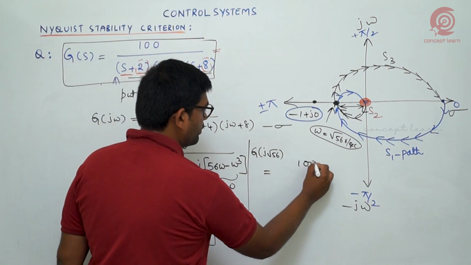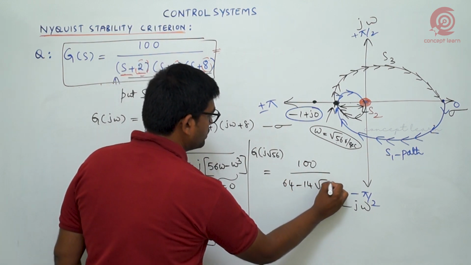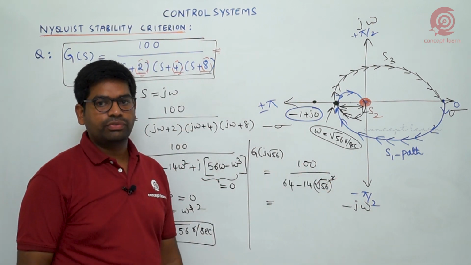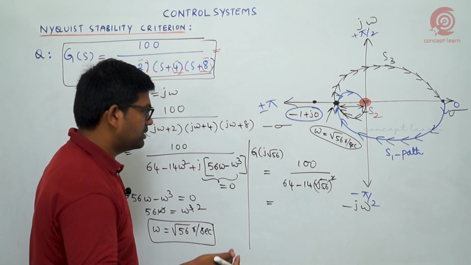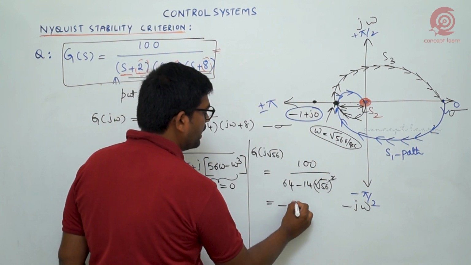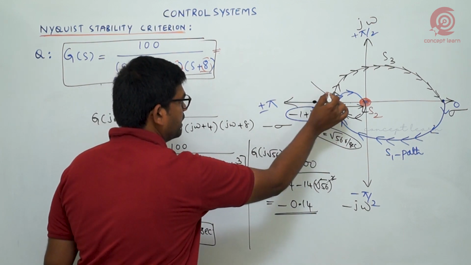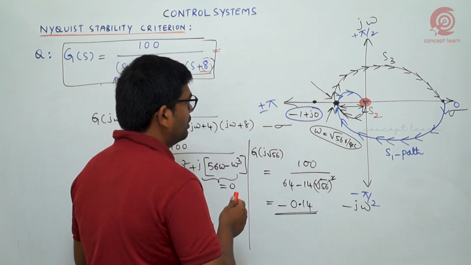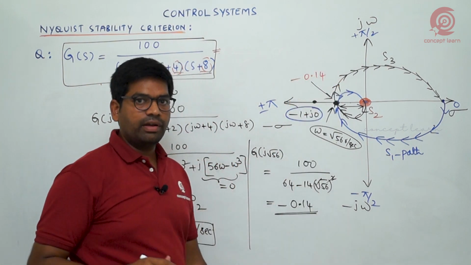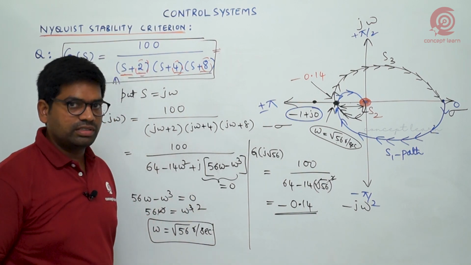Then 100 by 64 minus 14 into root 56 whole square. Simplifying further, 100 by 64 minus 14 into 56 is a negative value because it is on the negative axis. The result will be minus 0.14. It is intersecting exactly at minus 0.14. Got the point? We got the intersecting point with the negative axis by following this procedure.